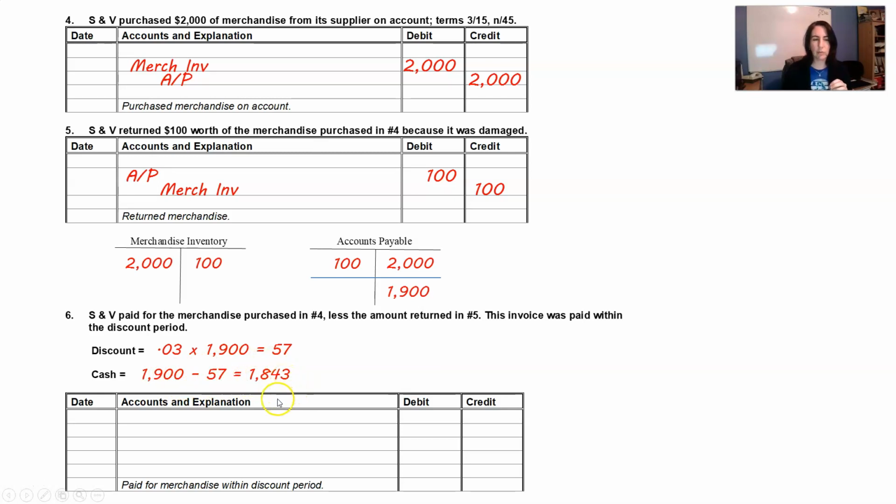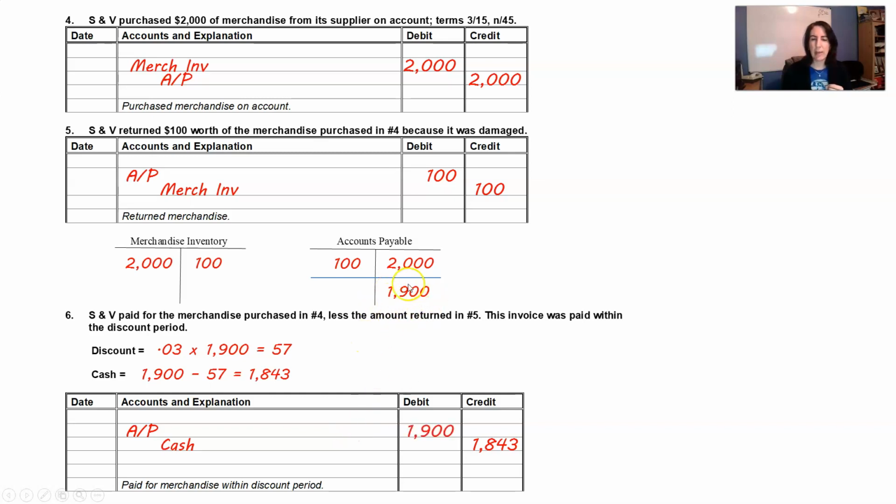So let's look at the journal entry for that. We are going to reduce our cash because that's the bill we have to pay. Like I said, when you can, start with cash. It's helpful. At least you have part of the entry. So credit cash, $1,843. We're going to reduce the liability, accounts payable, but we're going to take away the full $1,900.